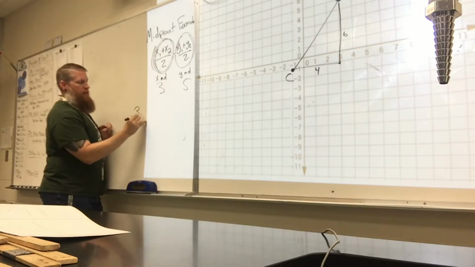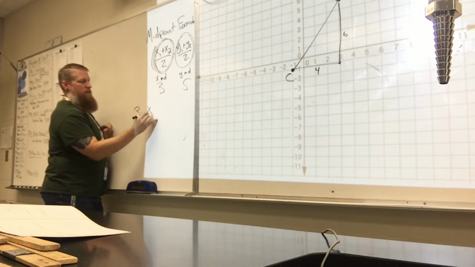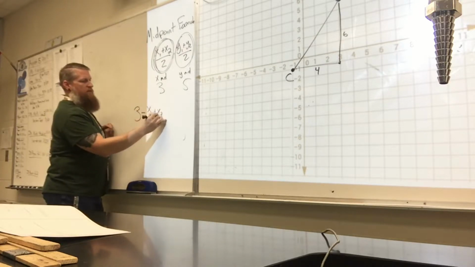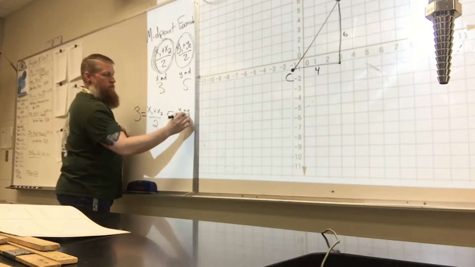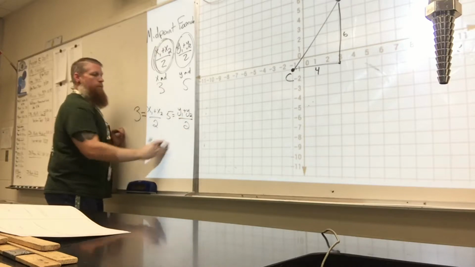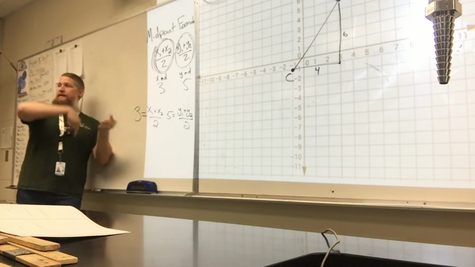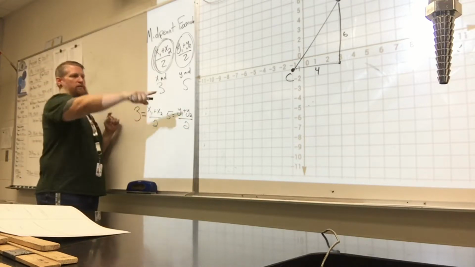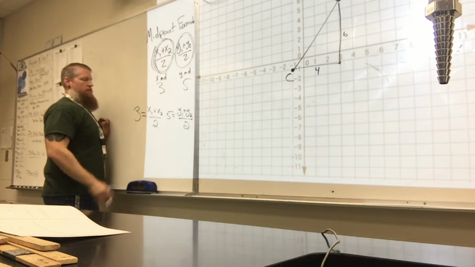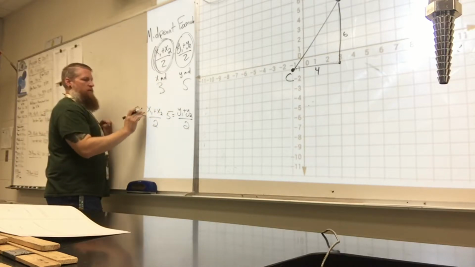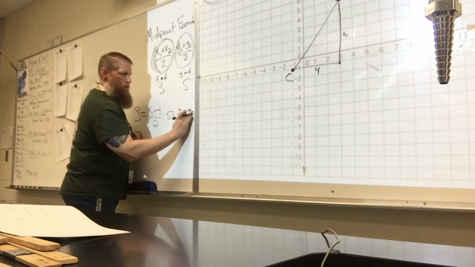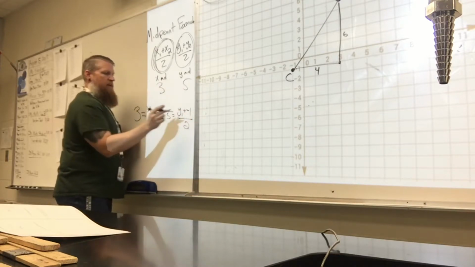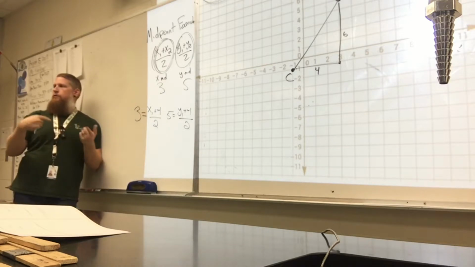So you say 3 equals x1 plus x2 over 2. 5 equals y1 plus y2 over 2. There's 2 variables there, but they give you one endpoint, which was, what was the coordinates for C? -1, -1. So I can take one of those, put the -1 in there. So you take your other coordinates and fill them in.